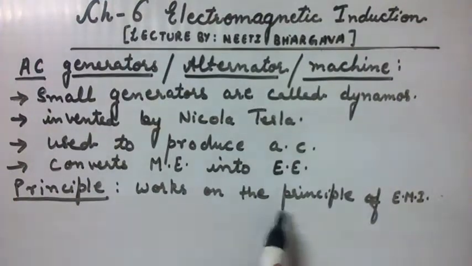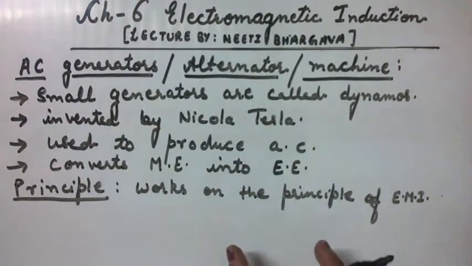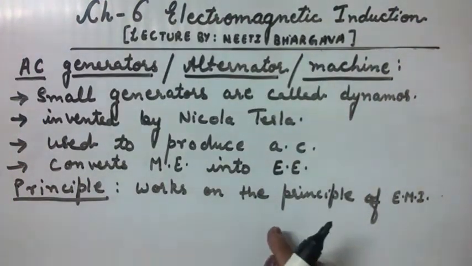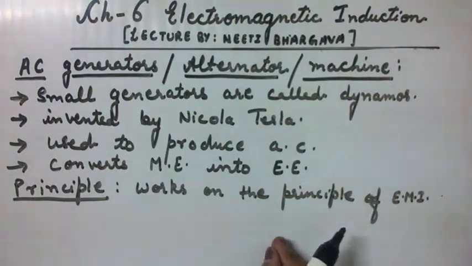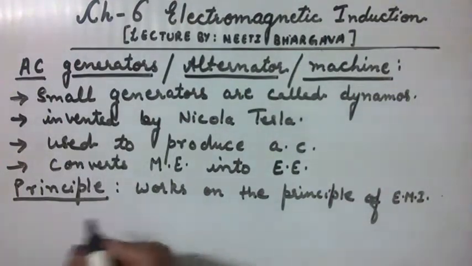That is, whenever there is a rotation of a coil in a magnetic field, then there is a change in magnetic flux, and because of that change in magnetic flux, EMF is induced. And if EMF is induced, thus current is induced in it. And this current is AC current.